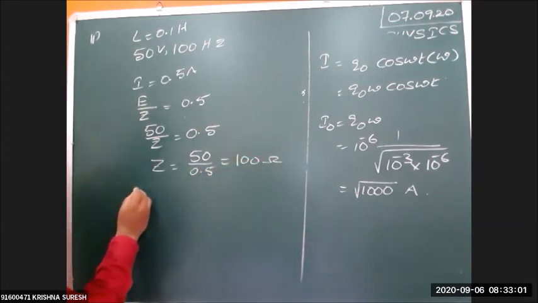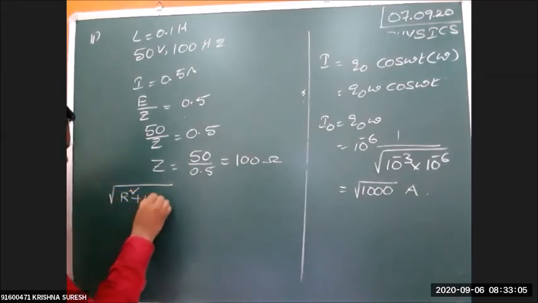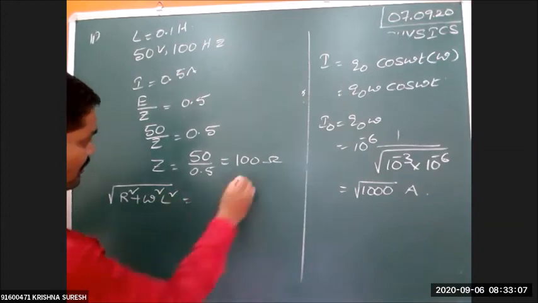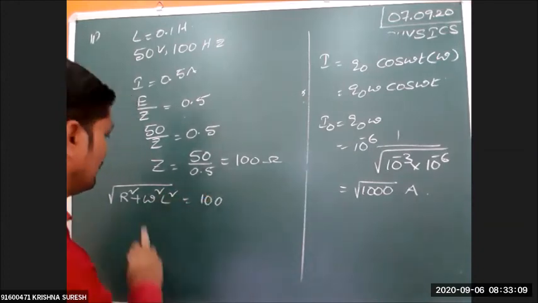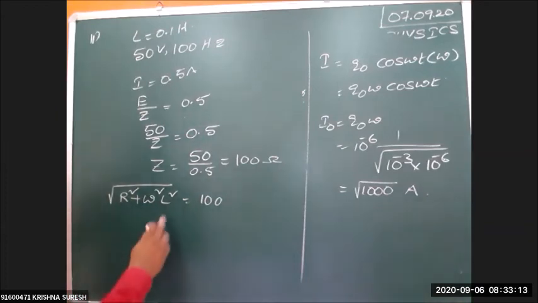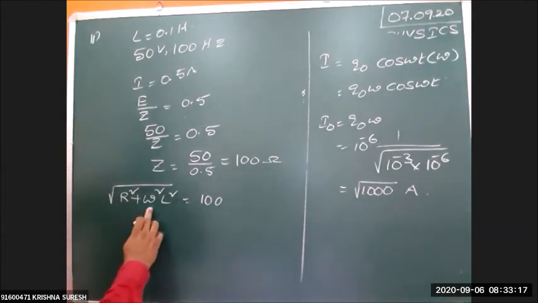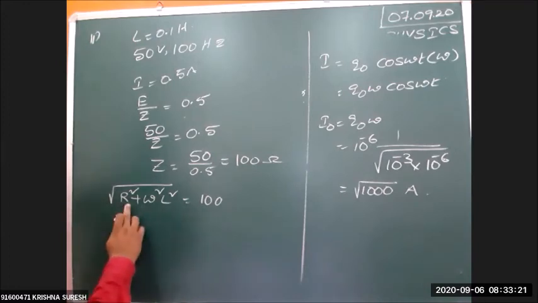Now we know the Z impedance formula. So that is root of R square plus omega square L square is equal to 100. Now squaring on both sides, from this we can find the R value.